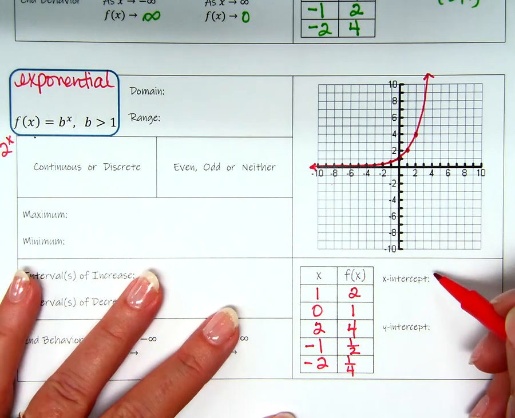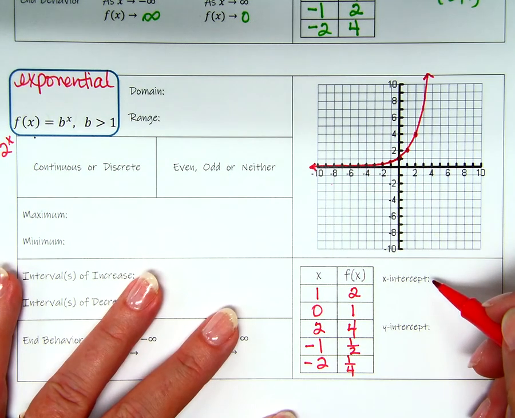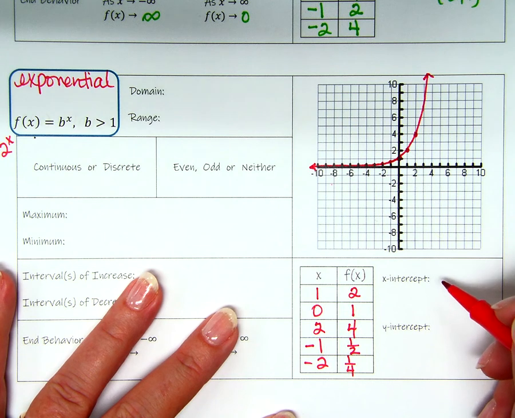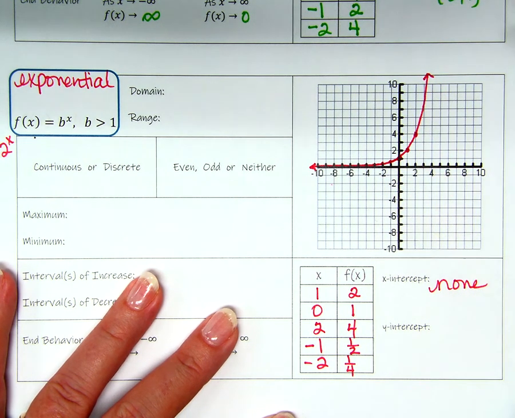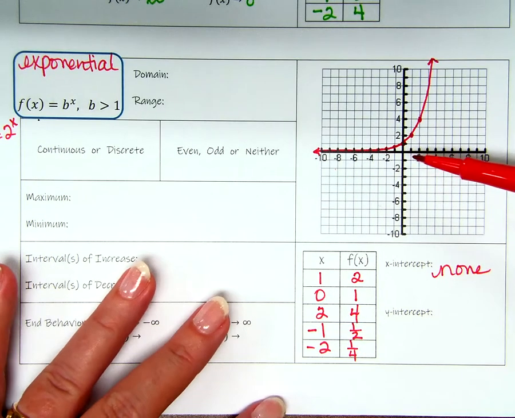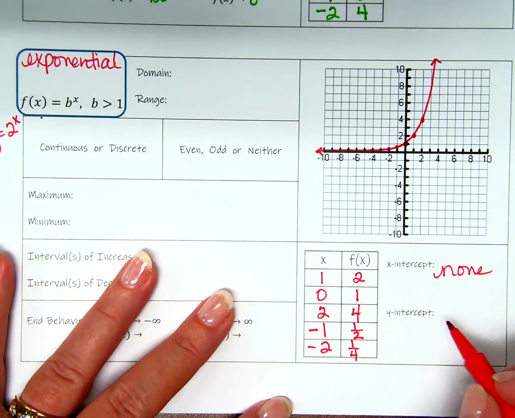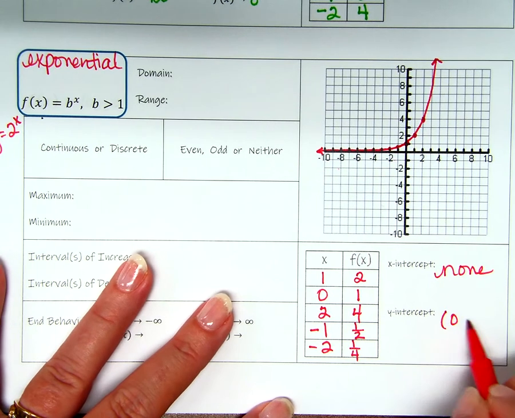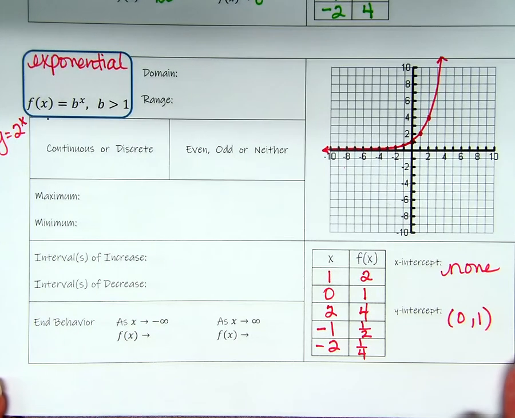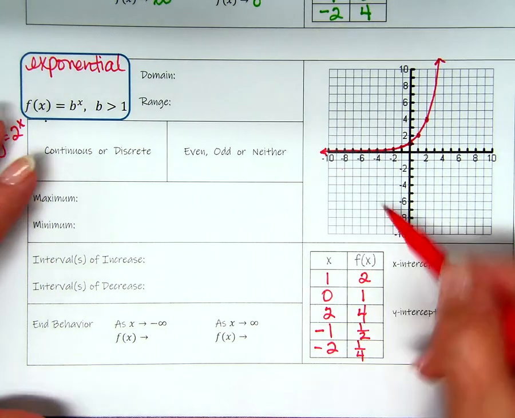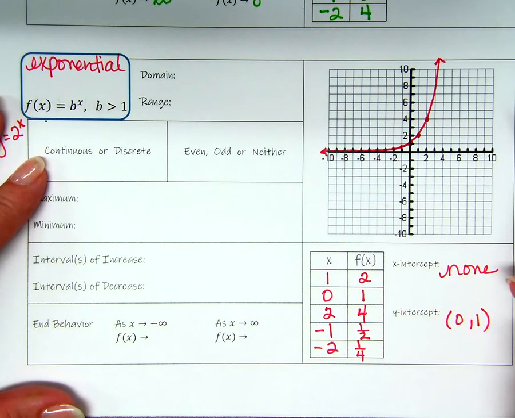What's my X-Intercept? There's none, okay. Is it the same kind of thing on this one that it was on the one up here? There's an asymptote right here. Okay. What's my Y-intercept? 0, 1. Okay. What's my domain? How far left does it go and how far right does it go?